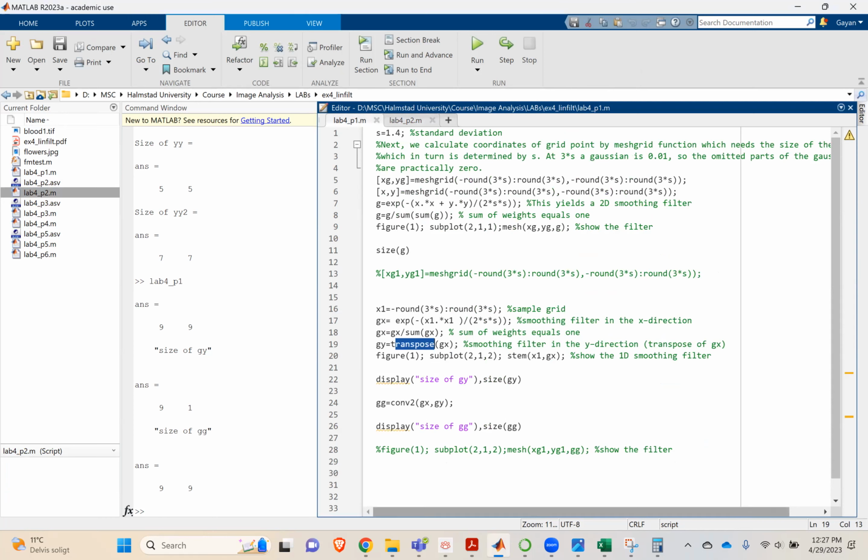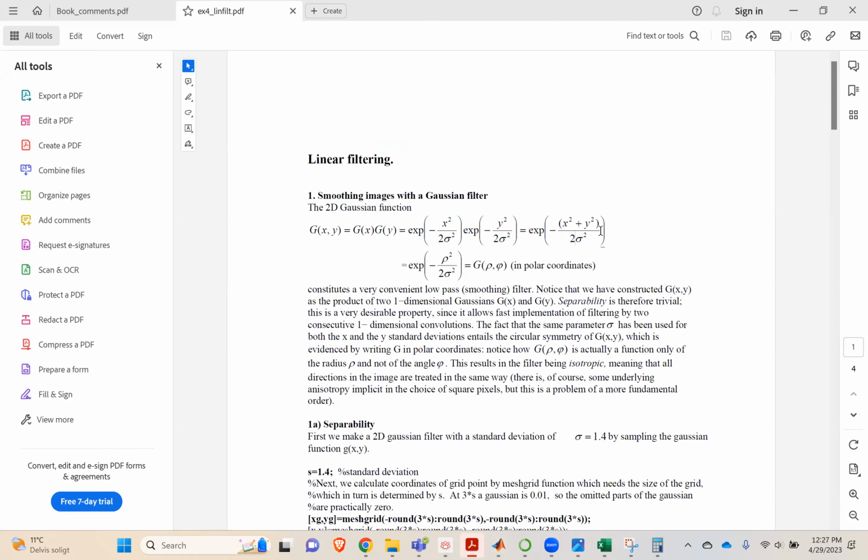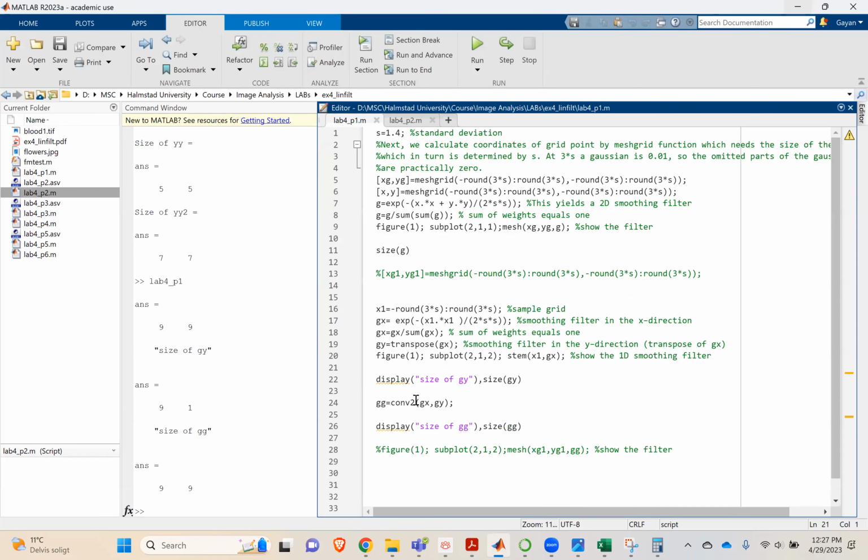One more thing, this 2D filter, you can compute mathematically and then create it. Otherwise, you can create the 1D filter and just do convolution with the other one. Then you get the same answer. This is what he did.